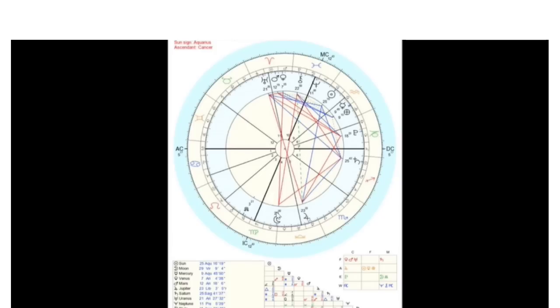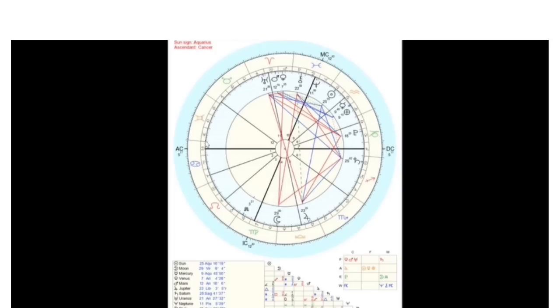29 degrees is a critical point, but I will discuss that a little bit later on. Okay, so 5 degrees Cancer is the ascendant, so that's the girls. Straight opposite the ascendant is the descendant, or the 7th house.